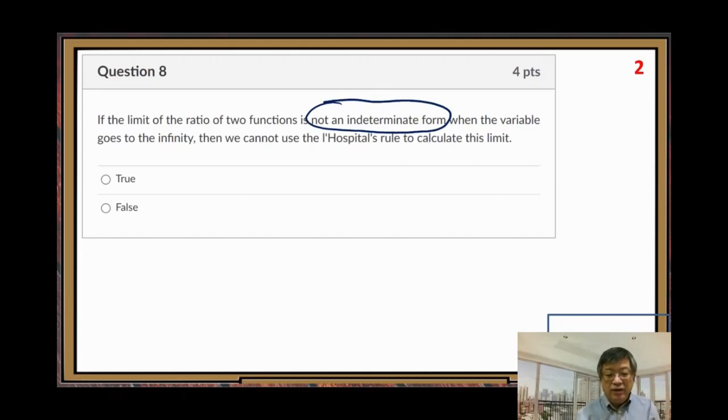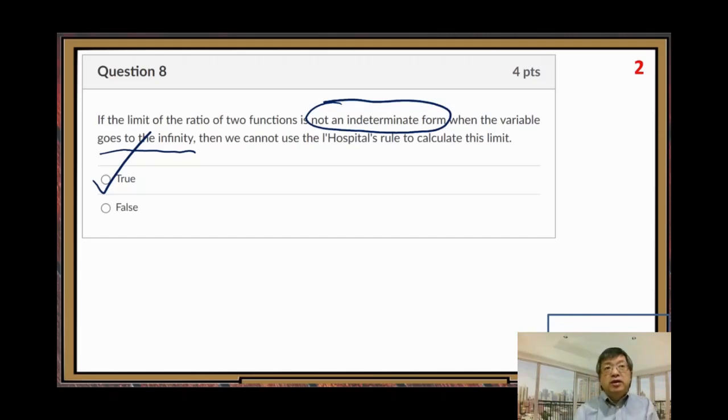So this is an easy answer. Because the first condition, the ratio of two functions must be an indeterminate form. Otherwise, do not apply it.